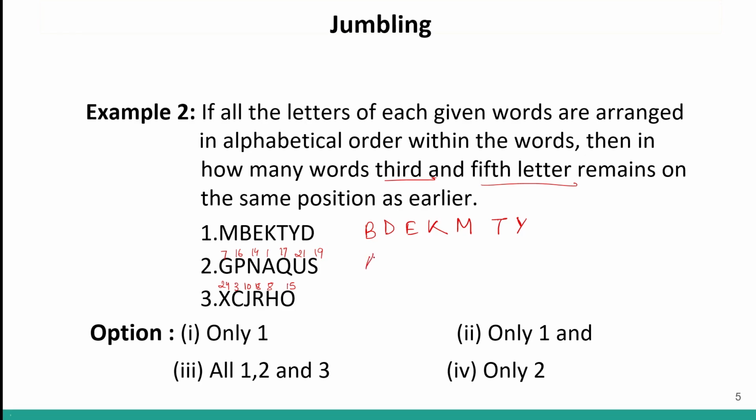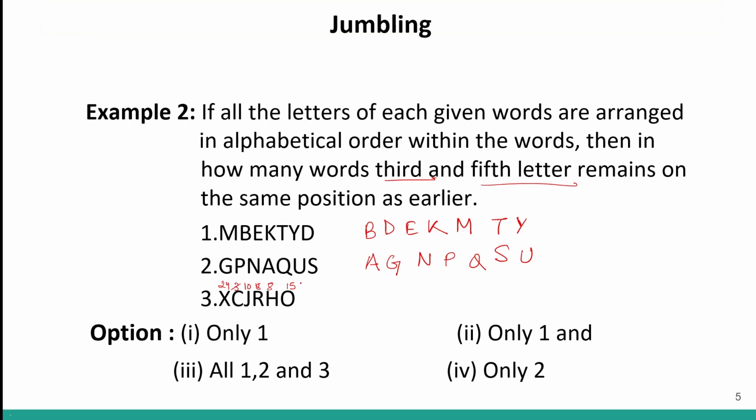Similarly, for this, I'll get A, then G, then N, then P, then Q, S, and U. Okay, so this is what I'll get after arranging this in alphabetical order.